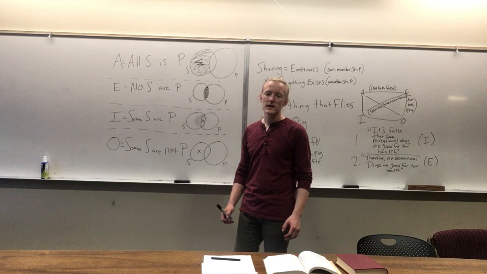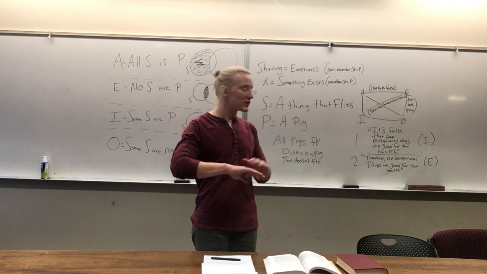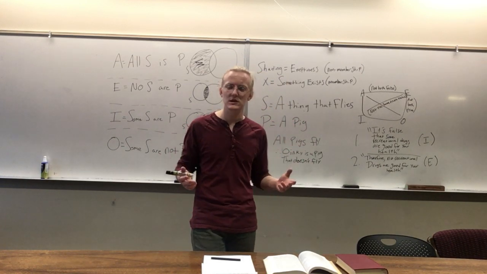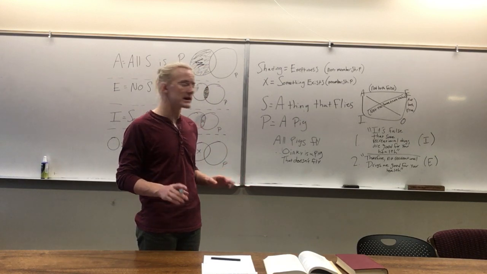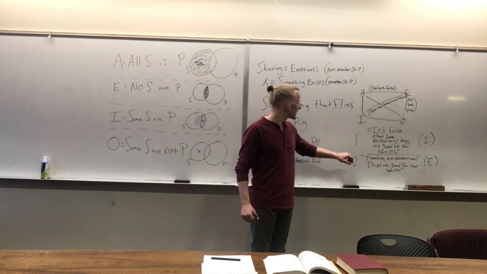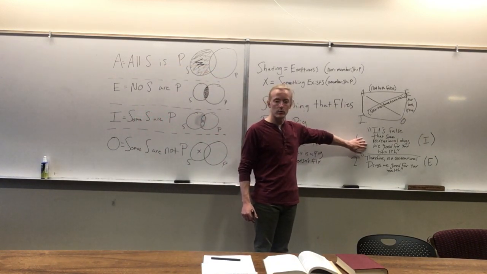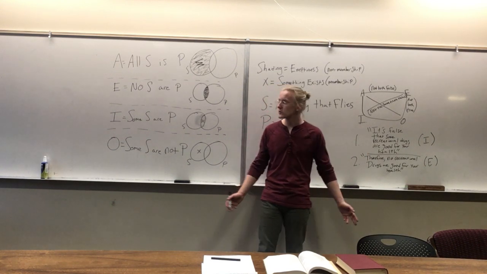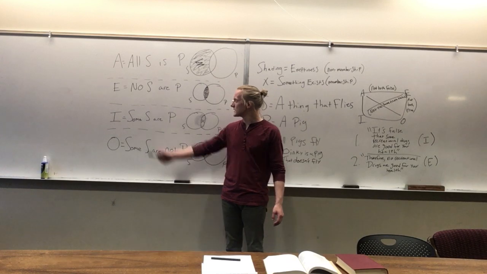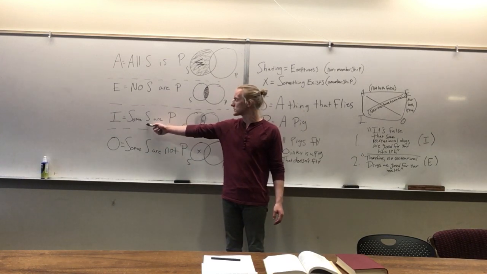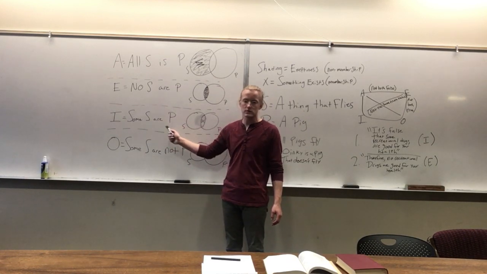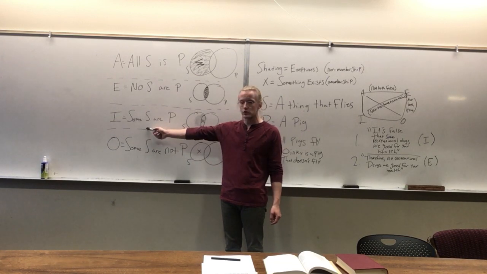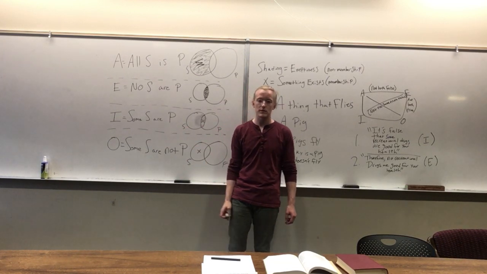Okay, so if I break those apart and take them as 2 separate things, we can begin to break down the sentence. So let's start with the categorical part, which is that some recreational drugs are good for your health. That takes the I form. There are some S that are P. Some recreational drugs are good for your health, where S is a recreational drug and P means good for your health.